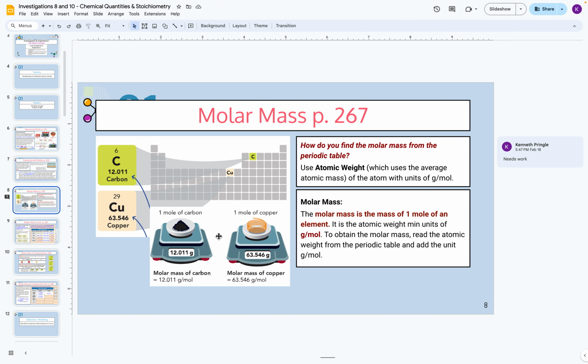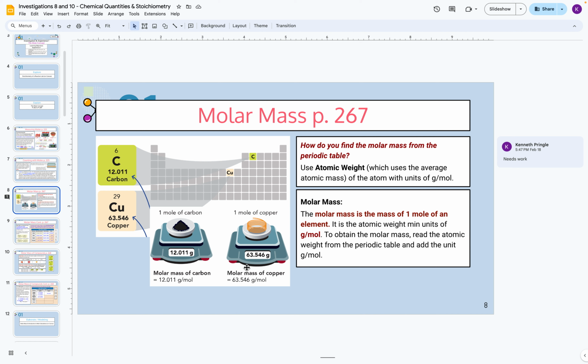In the middle of the screen, you can see a black pile of carbon on a scale, and it weighs 12.011 grams. That happens to be the average atomic mass on the periodic table.